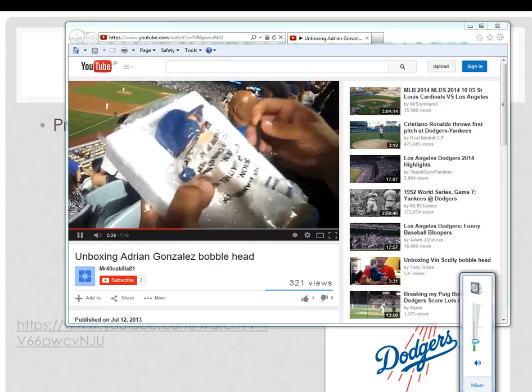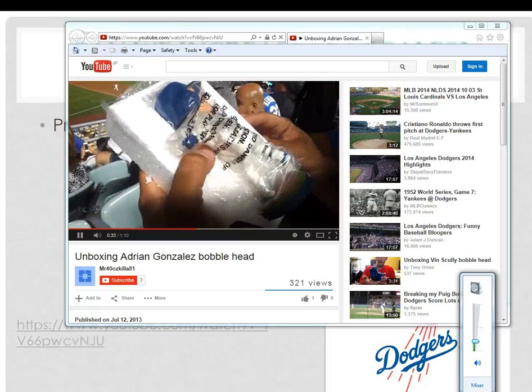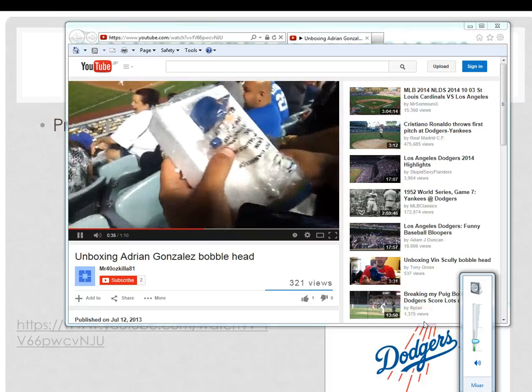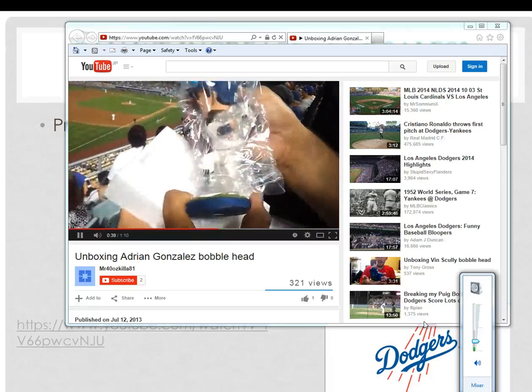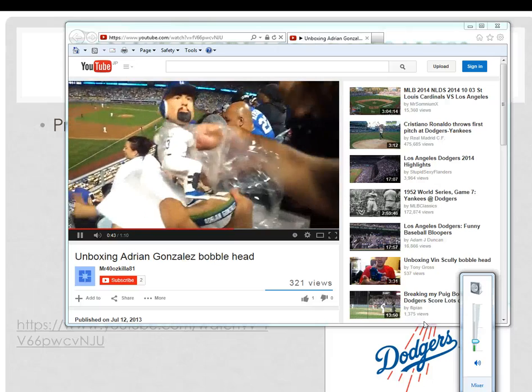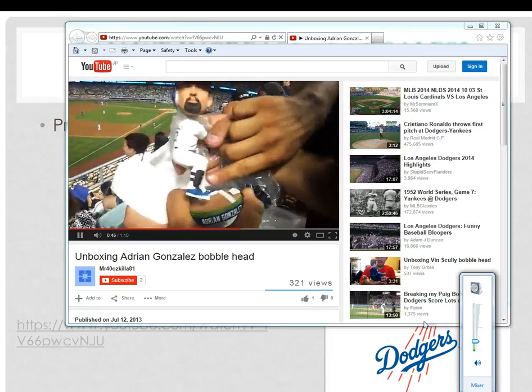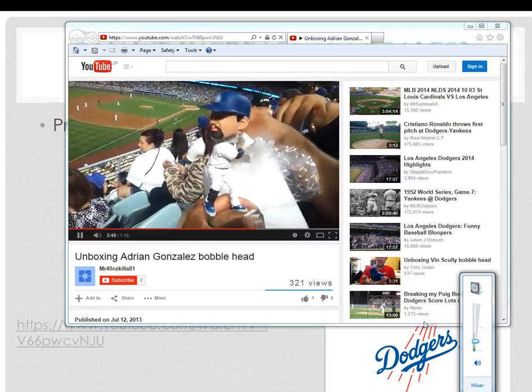So they're passing it out, and why are they doing that? Just because they're generous? Just because they're kind? Probably not, because they're fairly expensive to make. So it's a promotion, right? They're trying to get more people to come to the game, or maybe branding or something like that.